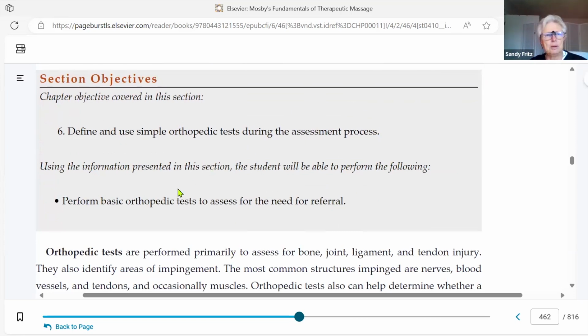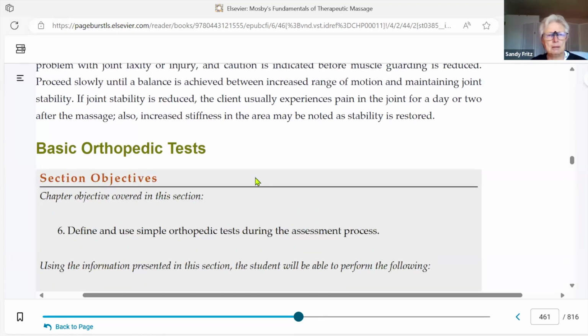Will you see the terminology used for basic orthopedic tests? There is concern about whether or not these are within the scope of practice of massage. I think the ones that are presented here in the textbook give you a good idea for referral.